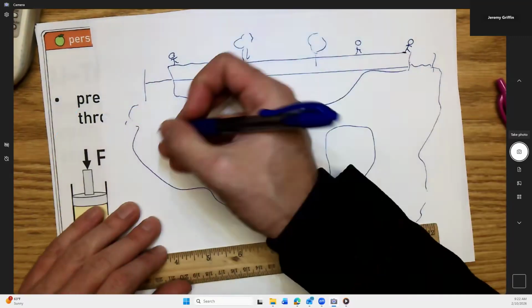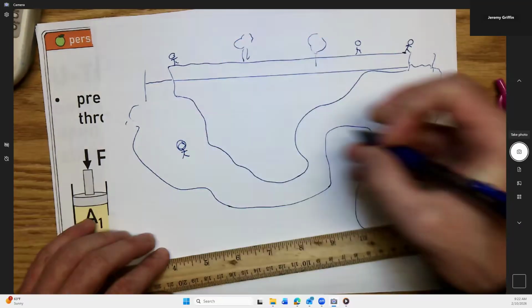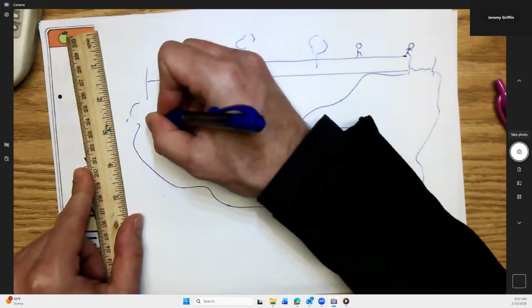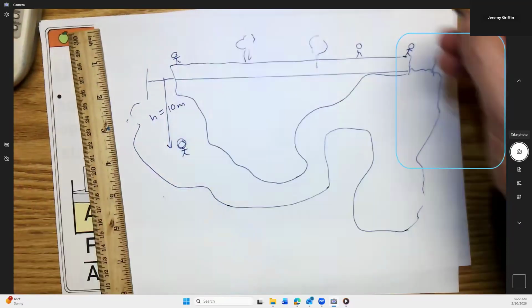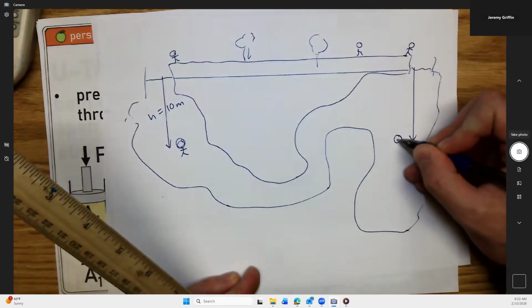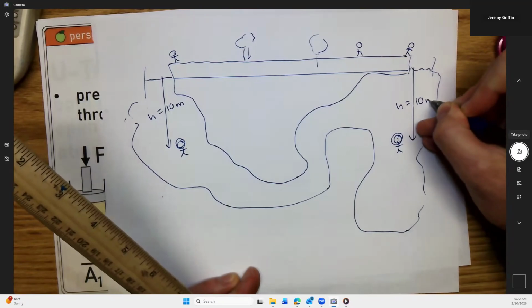And what if we send a diver down here, and he goes so deep, maybe 10 meters deep. H equals 10 meters. And we send a diver down on this side, and he also goes down a depth of 10 meters.